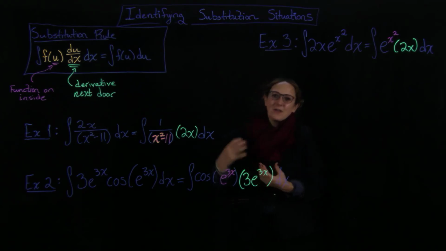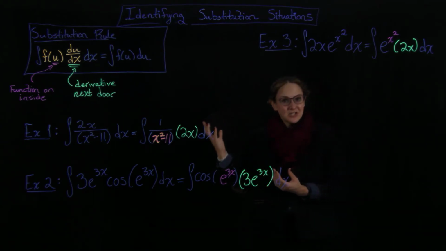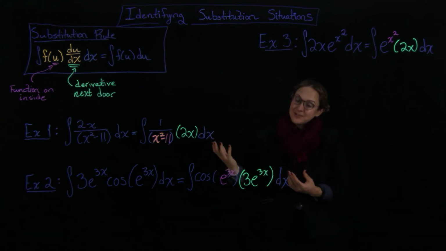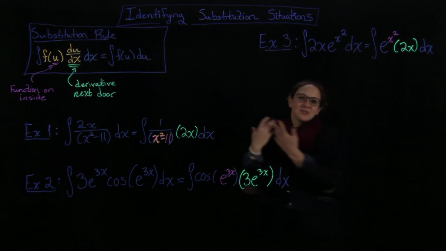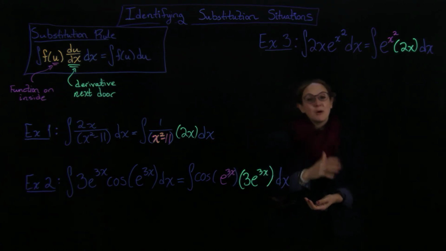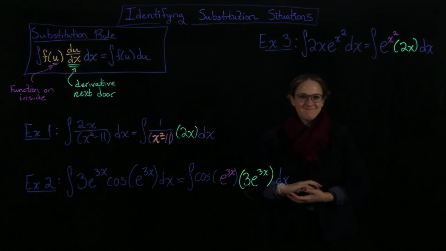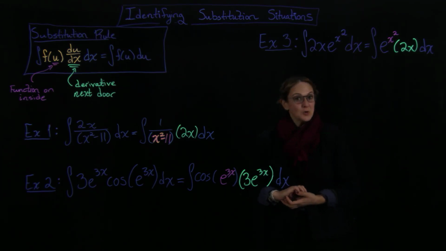So if we had the chain rule, we would have a substitution rule. The chain rule for derivatives turns into the substitution rule for integration. But we will go through some more examples. I hope this was illuminating and made some sense, and I will see you in the next lecture.